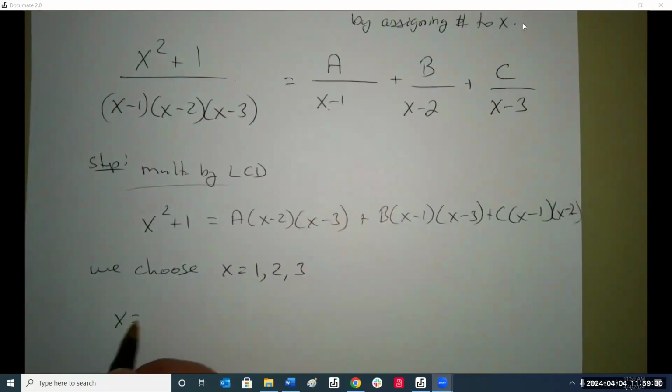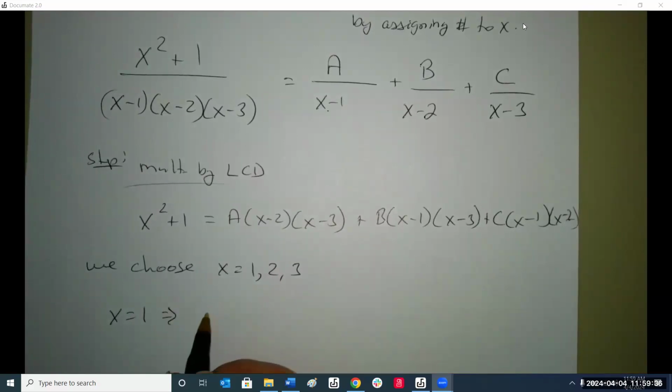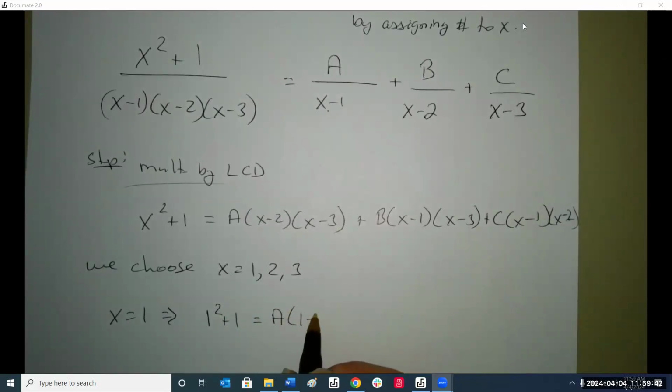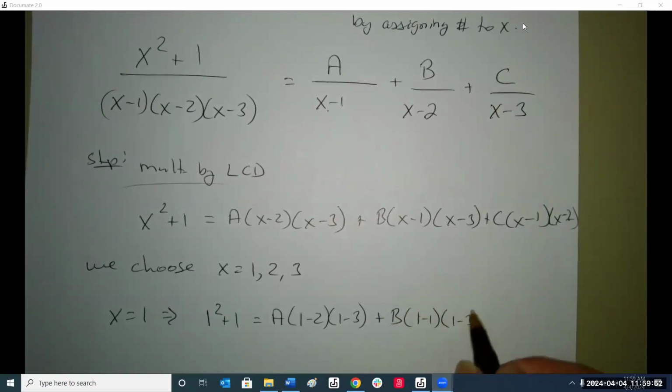So when x equals 1, we get 1 squared plus 1 equals A(1 minus 2)(1 minus 3) plus B(1 minus 1)(1 minus 3) plus C(1 minus 1)(1 minus 2).